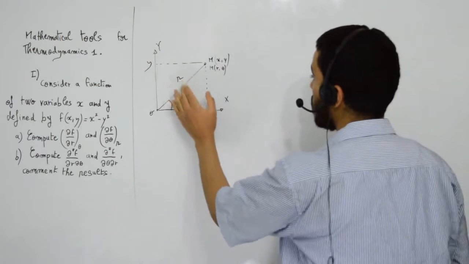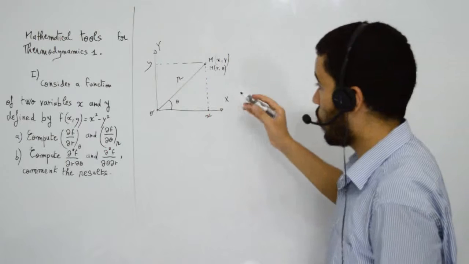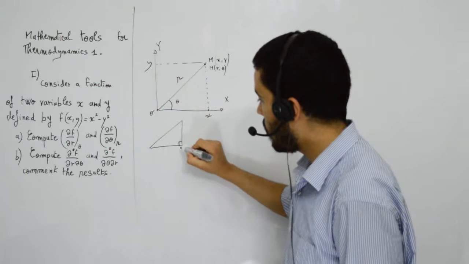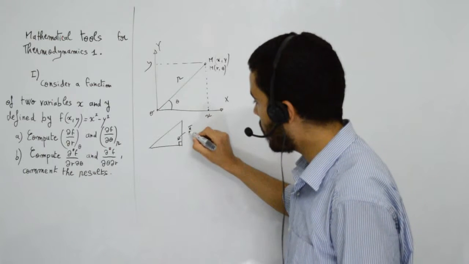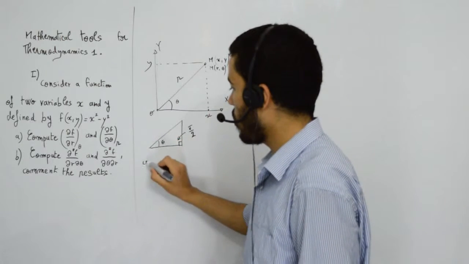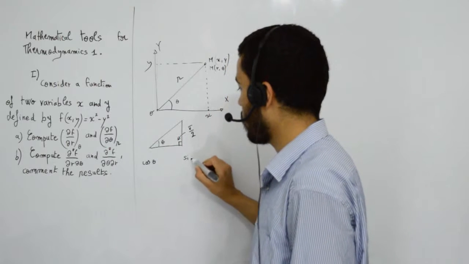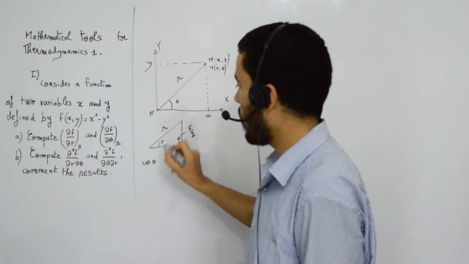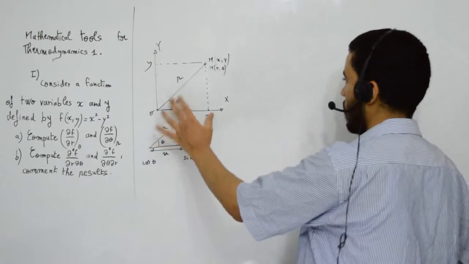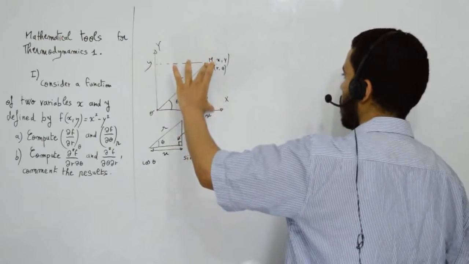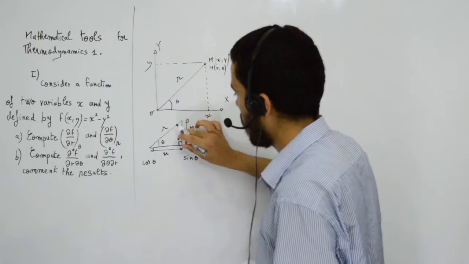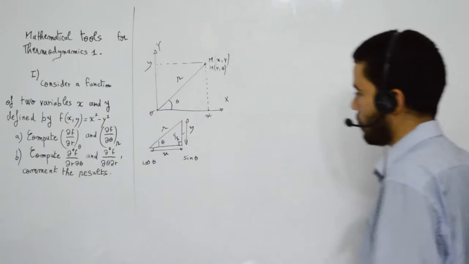There is a relation between x, y and r, theta. You can see this triangle. Here we have pi over 2, so we can use cosine theta and sine theta. Here we have r, and here we have x. This is x, and this is y.